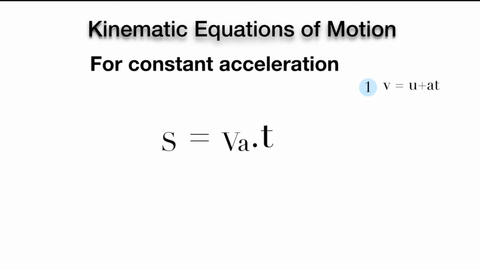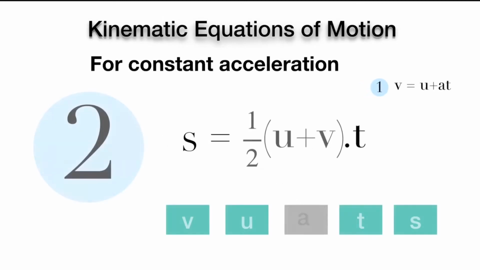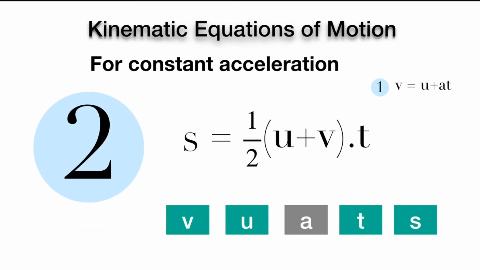So here the displacement is given by average velocity multiplied by time duration. Now if we input the value of average velocity, we'll get this equation. And this is the second kinematic equation of motion. This equation consists of 4 variables: v, u, t and s.